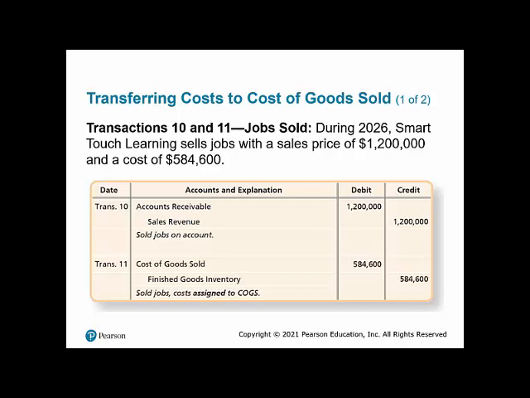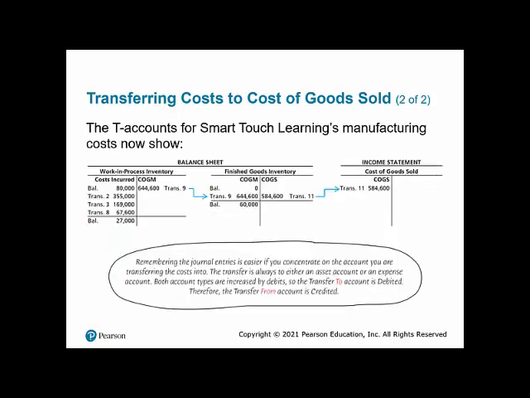Then they would record the cost of goods sold by debiting cost of goods sold and crediting finished goods inventory for $584,600.